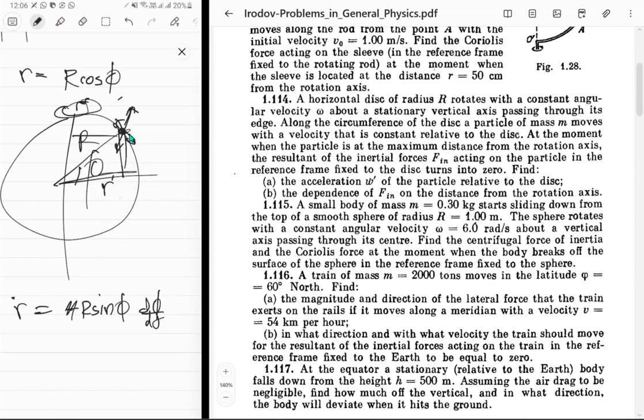But then r dot is negative, so actually it's along this, and the positive version of r dot will be this. It's going along the meridian, but is it going up or down? Only knowing that can we figure out the direction.